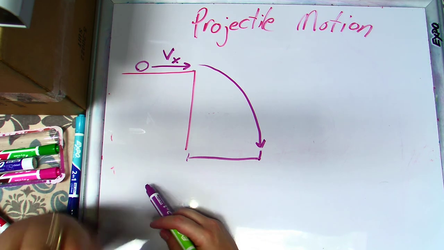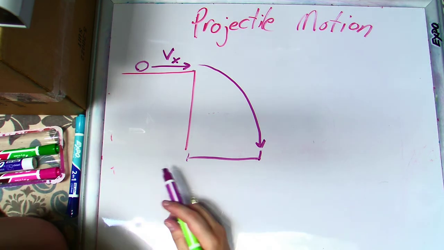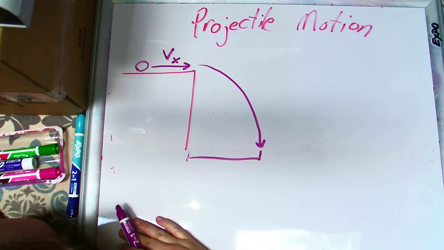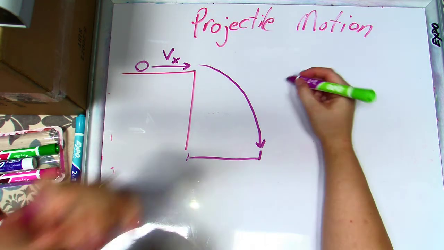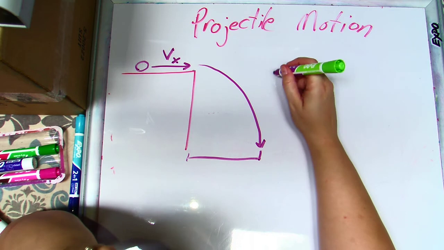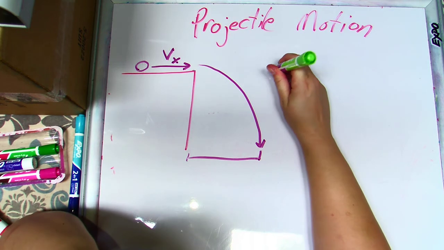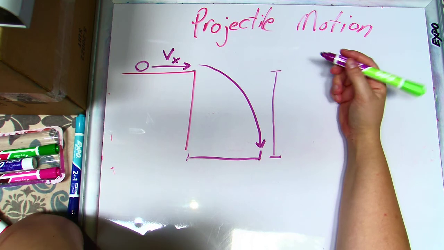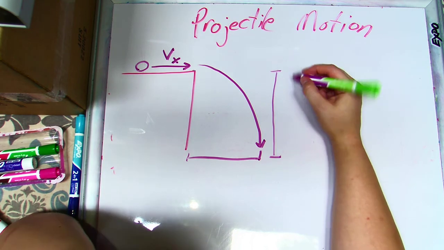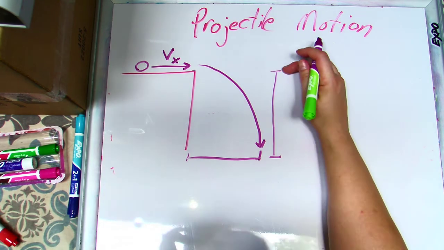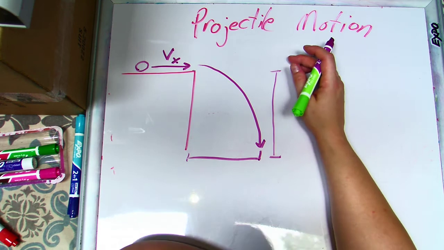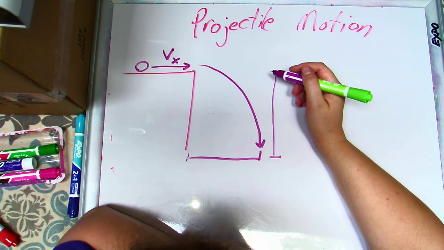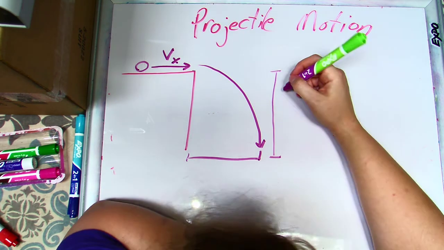Now, the interesting thing with this case is once it leaves the table, the only thing acting on it is gravity, in the y direction. So when we talk about how far it fell, or how high it was initially, we can always relate that back to the free fall equations.